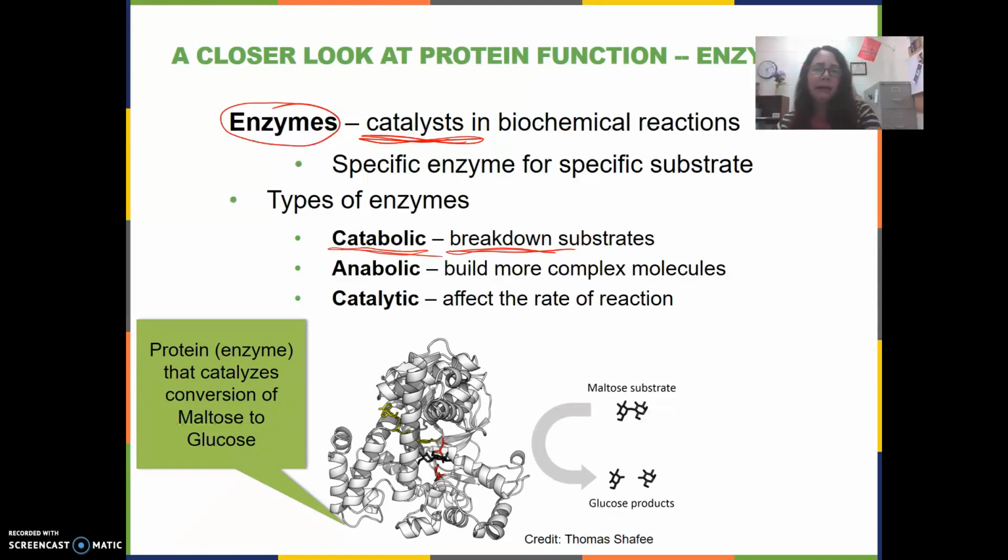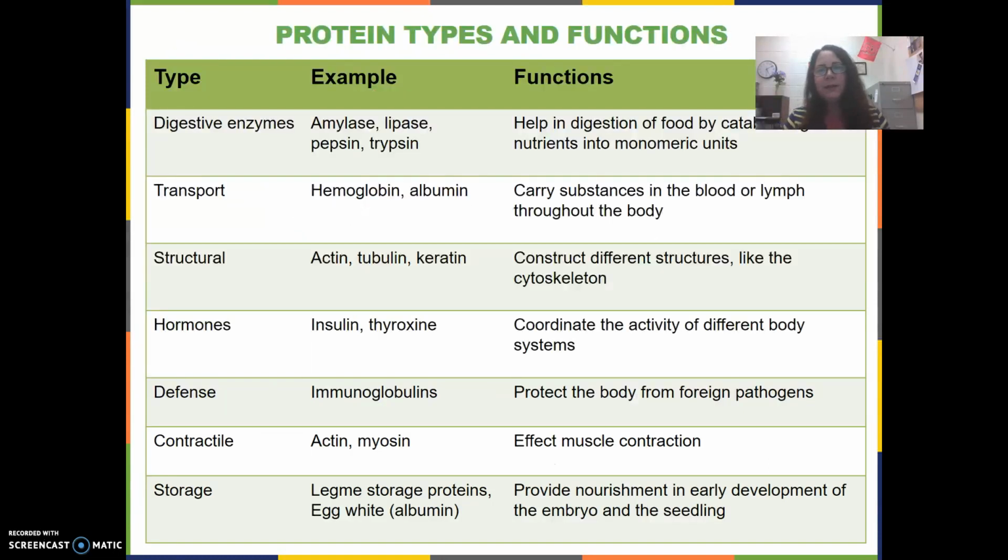Some are anabolic because anabolism is the word for the synthesis reactions or the building reactions in the body. So these are enzymes that help to build more complex molecules. And then catalytic enzymes are the ones that speed up the rate of a chemical reaction. They catalyze chemical reactions.